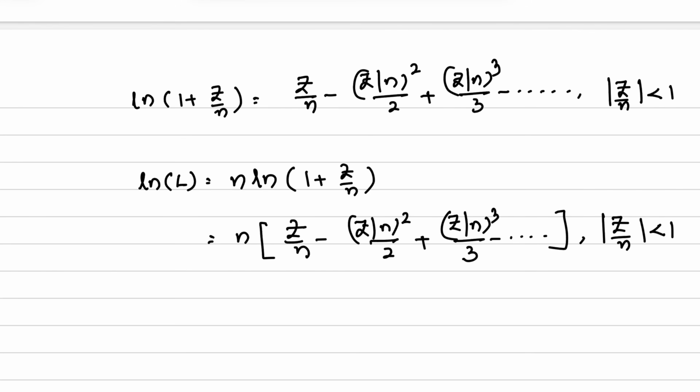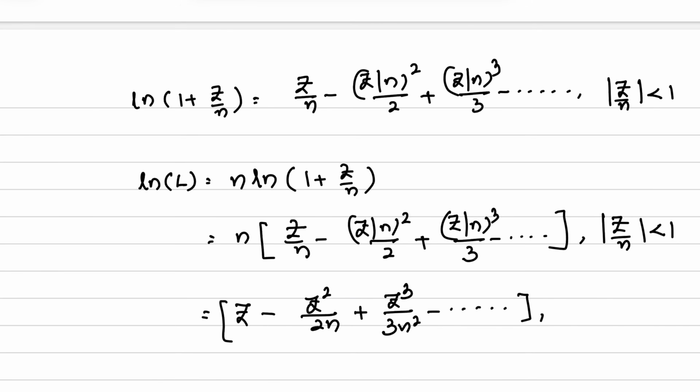Now, this will be equal to z minus z square by 2n plus z cube by 3n square minus and so on, provided z by n is less than 1.